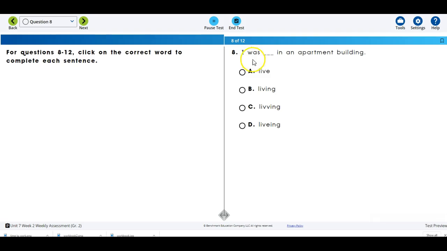I was live in an apartment building. I was living in an apartment building. See which one makes more sense. Okay. Question 9. Jesse is on the bench. Jesse is on the bench, or Jesse is on the bench. Remember your spelling patterns.